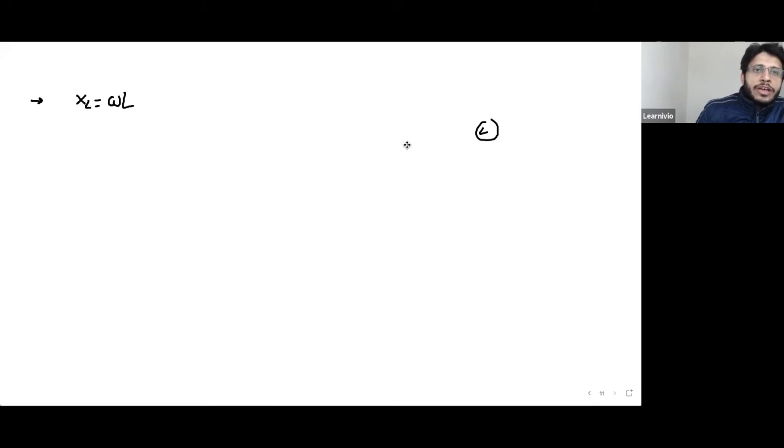Now see what type of conceptual questions you can get on this concept. XL is equal to omega L. I'm first checking the behavior of this inductive reactance for a system having very high frequency. If you have a very high frequency AC, that means your omega is very, very large.